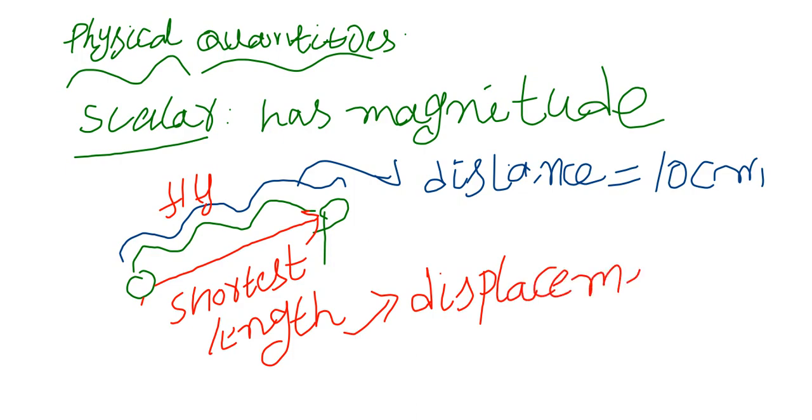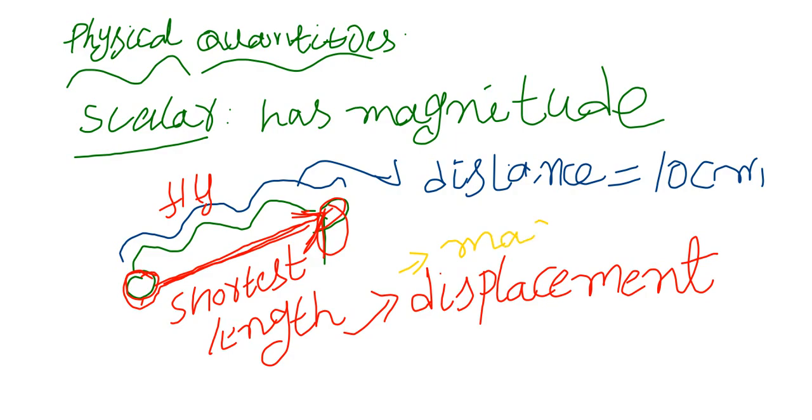The fly displaces its position from O to P. In which direction? In this direction. So here the displacement has both magnitude and direction.